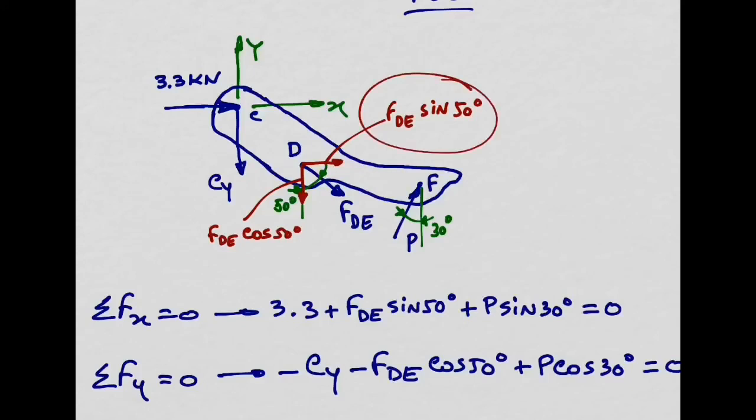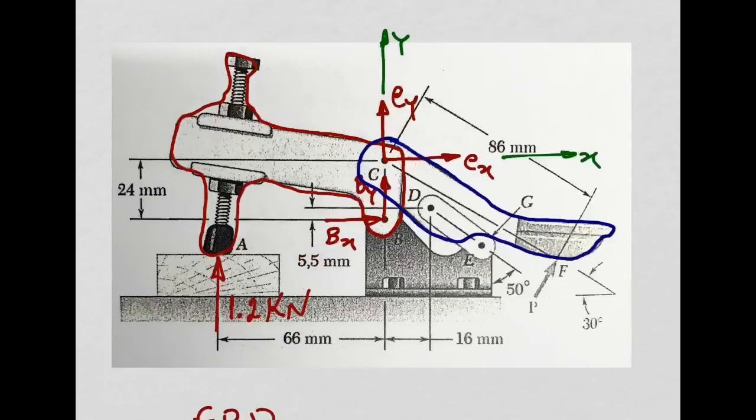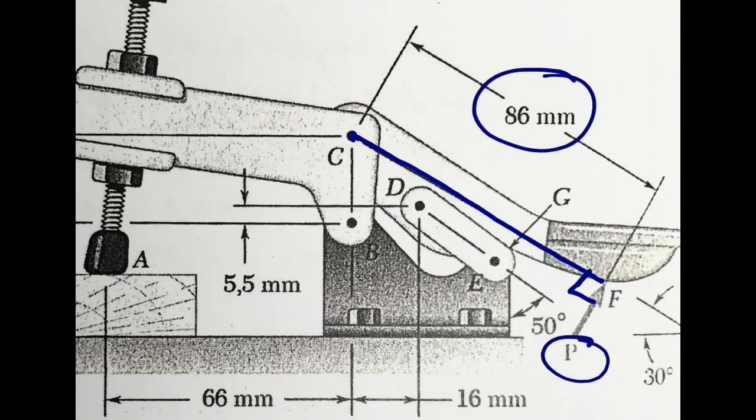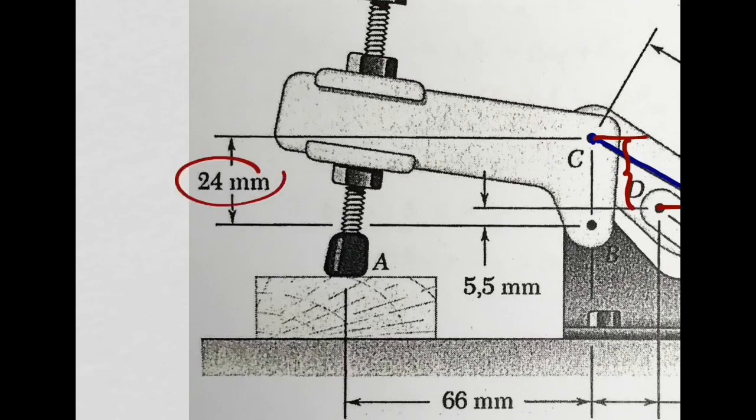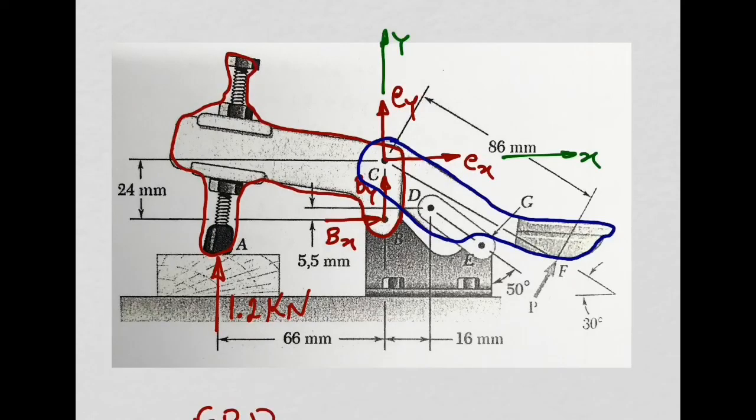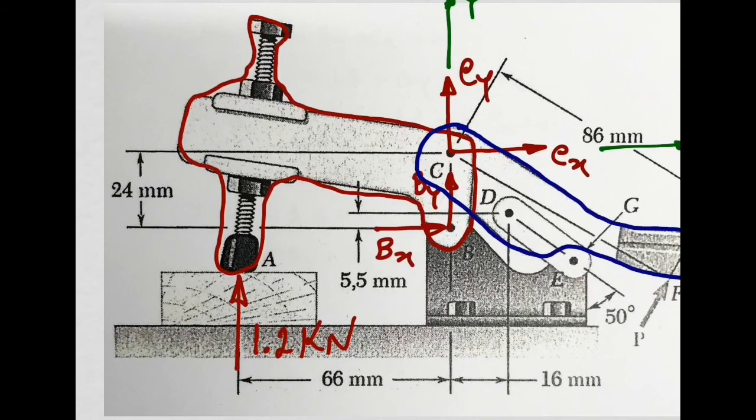So let's start with this one here. Let's see what is the distance in the perpendicular direction. So we have a force here. We need to have this distance, right? You agree? This distance is 24, right? Oh, you're right.